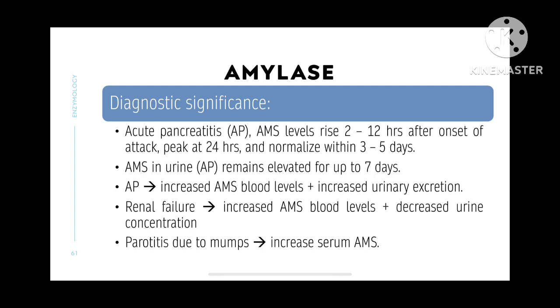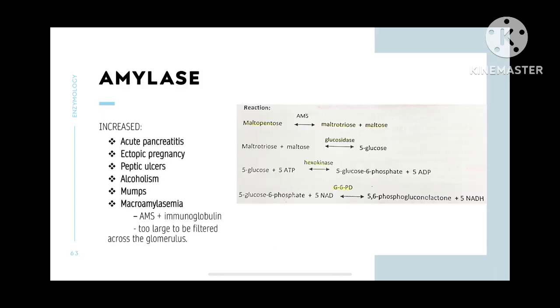Other disorders causing an elevated serum amylase level include salivary gland lesions such as mumps, parotitis, and other intra-abdominal diseases such as perforated peptic ulcer, intestinal obstruction, cholecystitis, ruptured ectopic pregnancy, mesenteric infarction, and acute appendicitis.